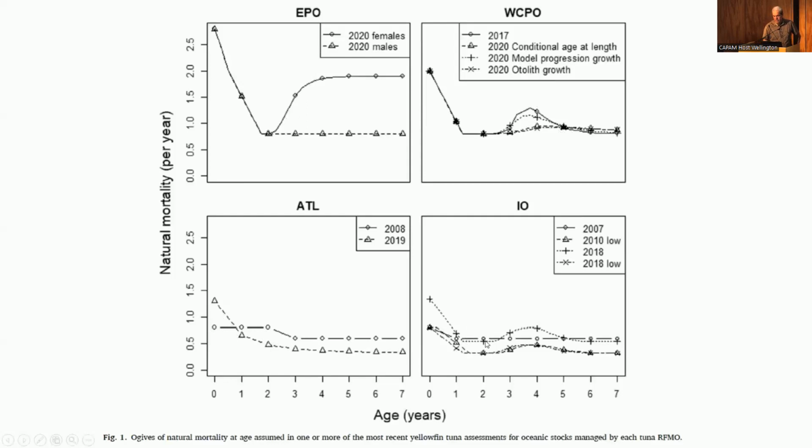And in the Indian Ocean up until 2018, following that approach with a hump for dying females, but also having lower base levels due to the information from tagging experiments and trying to fit those data inside the stock assessment.